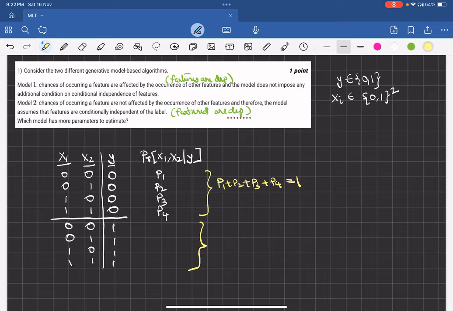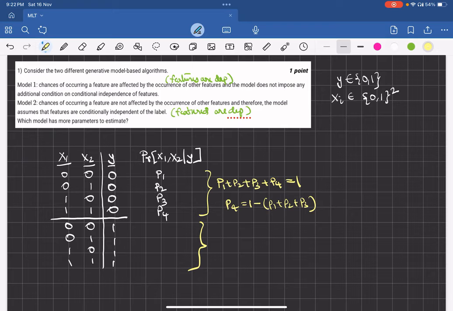But before going to that, let me make one more note: if we want to estimate P1, P2, P3, P4, we only have to estimate P1, P2, and P3. Why? Because P4 can be automatically deduced as P4 equal to 1 minus (P1 plus P2 plus P3). So essentially, we have to estimate only three parameters.